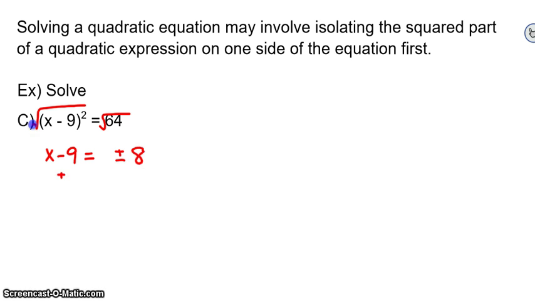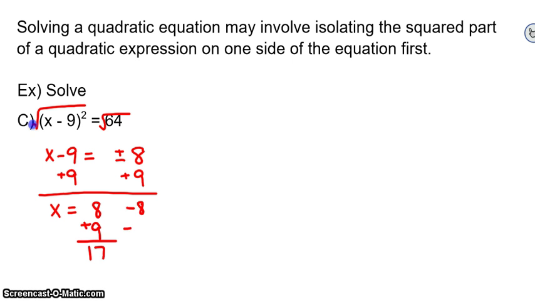So the last step on this one is to add 9 on both sides. Well, this one actually simplifies nicely into two neat, exact answers, because the two answers are made up from positive 8 plus 9, which is 17, and negative 8 plus 9, which is 1. So our two answers this time are 17 and 1. And those are exact, so there's no reason to find any approximate values.